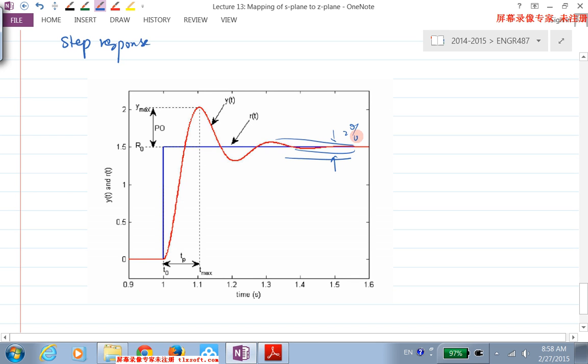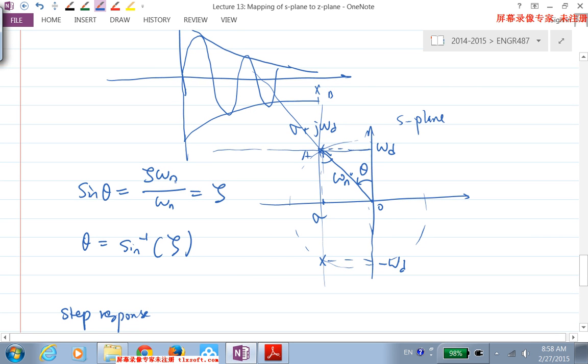Maybe it's 2% settling time, or maybe 1%. You're essentially trying to end up with a connection between the settling time, percentage overshoot, and time constant with the values of zeta and omega n.